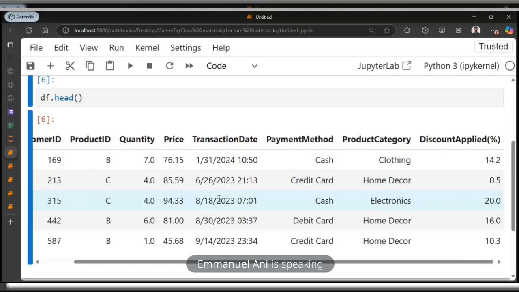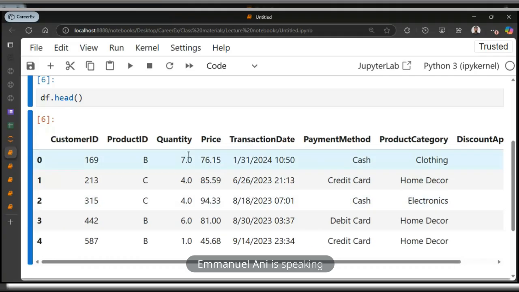I'm going to bring out a particular variable and label it the target variable. So in this case, let's say we want to predict the price of each product using all the other variables. We're going to bring out this price variable and consider it our target variable.